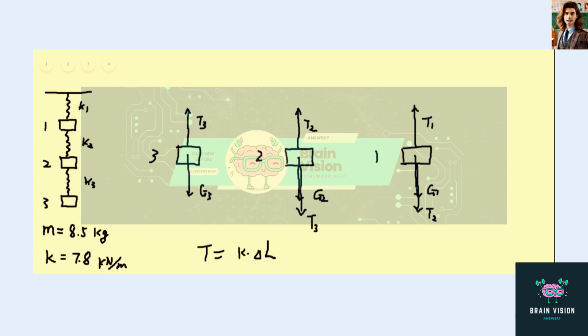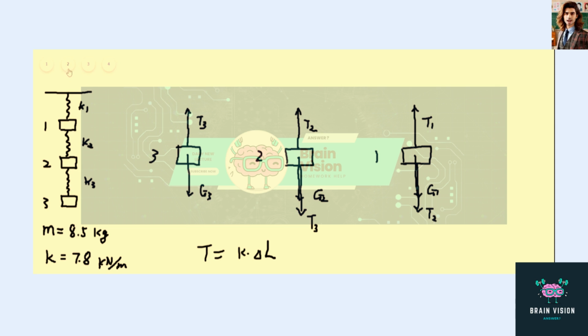And after we get those, we can plug them into this Hooke's law equation. And since we know the spring constant K, we can easily get the displacement delta L. And if we add to the displacement its original length, we can get the new length of the springs one by one.